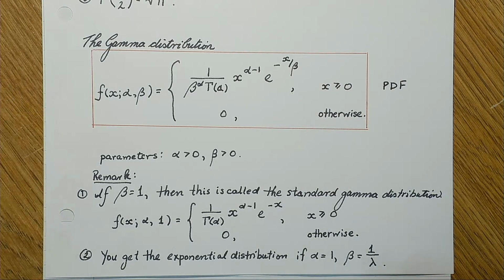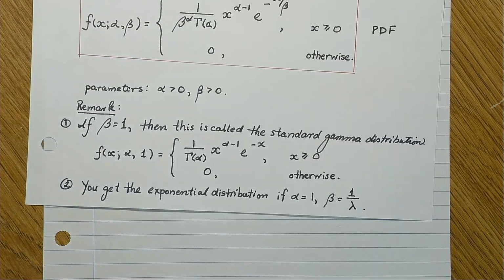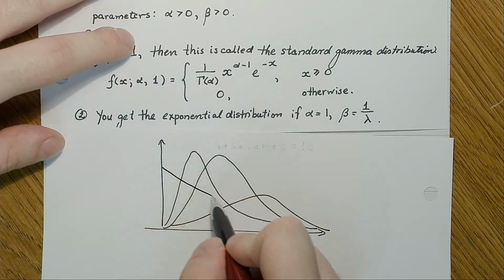What's interesting is that if you set alpha equal to 1 and beta equal to 1 over lambda, then you get the exponential function.